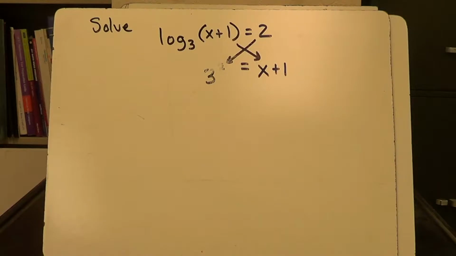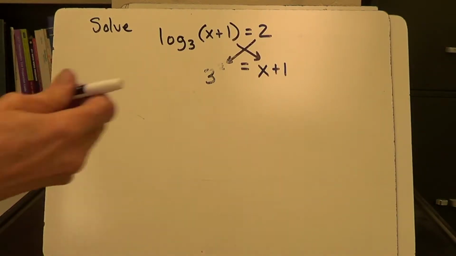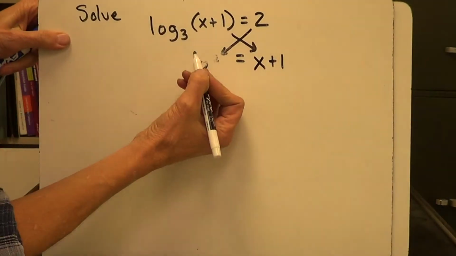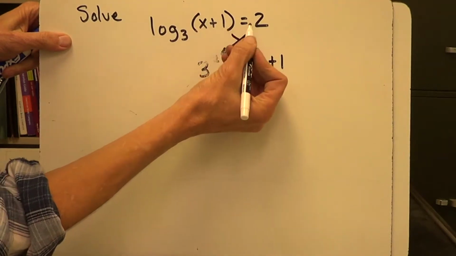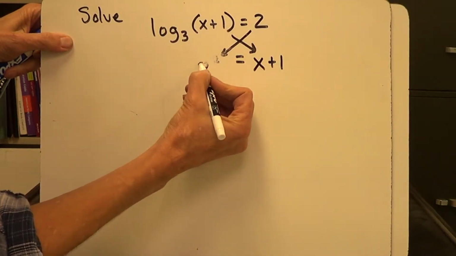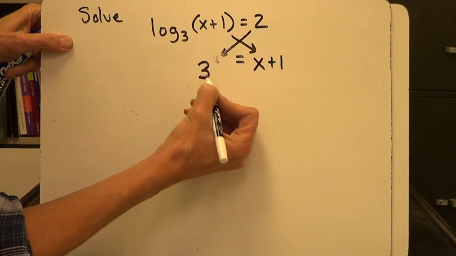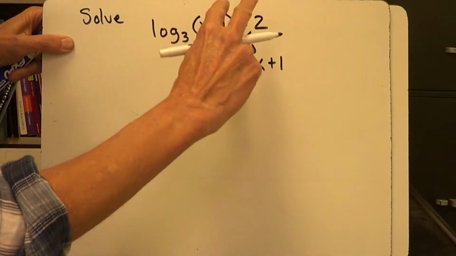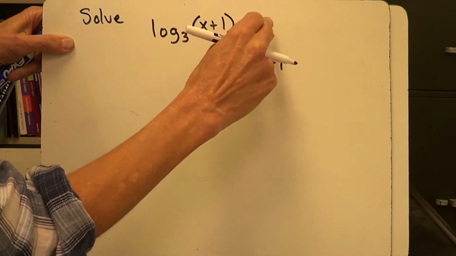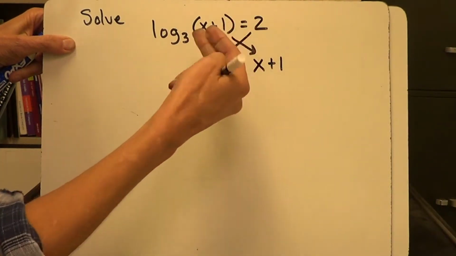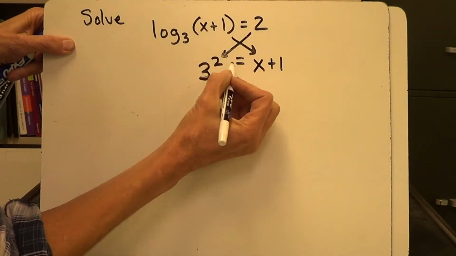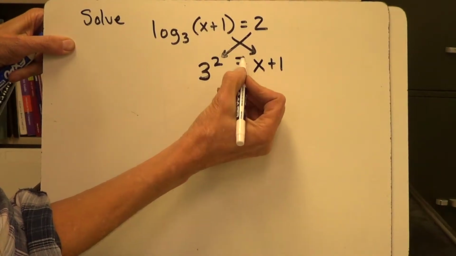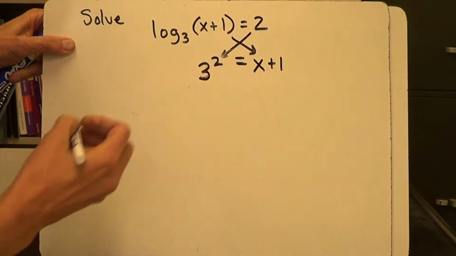I've had students tell me how they got them really easy, and I'm going to show you their shortcut. If you have this problem, log base 3 of x plus 1 equals 2, the students switched it to an exponential equation. They just went base 3 and did the inverse. They put the y value over here on the exponent, and they took the x value and put it over here.